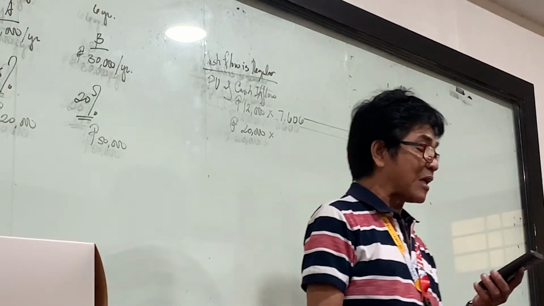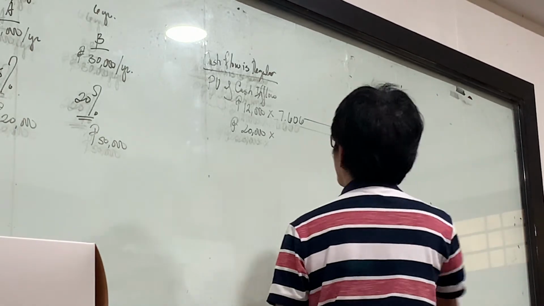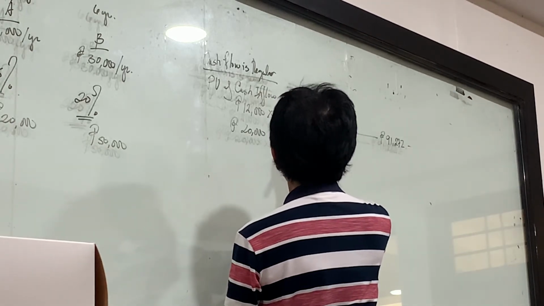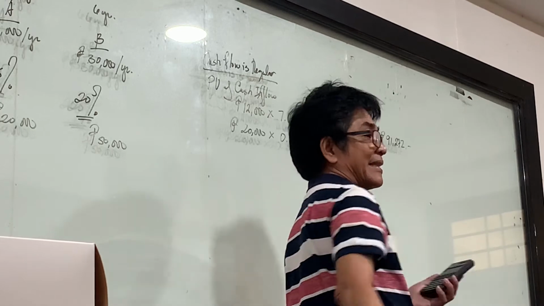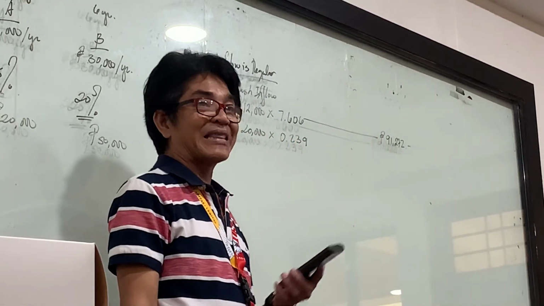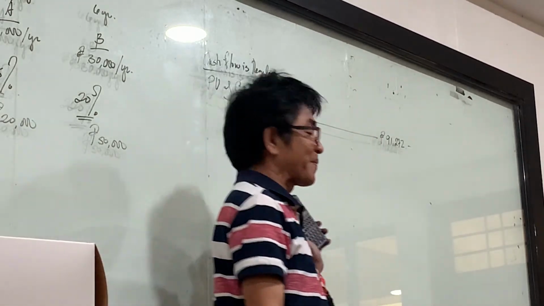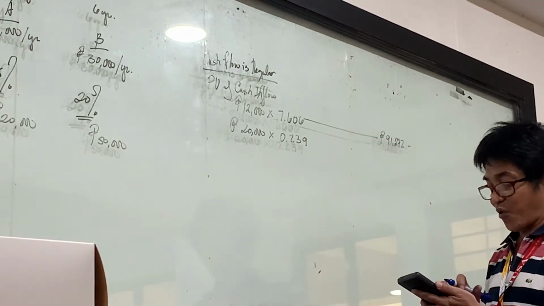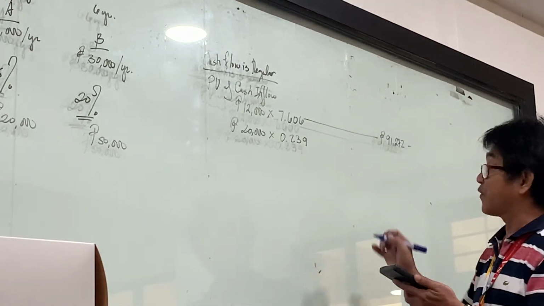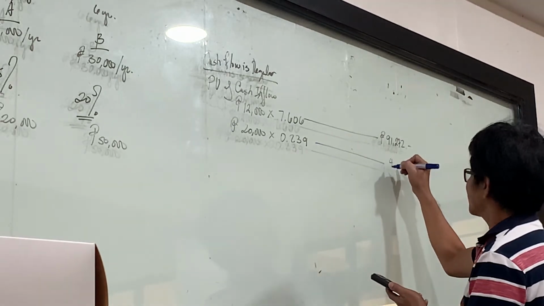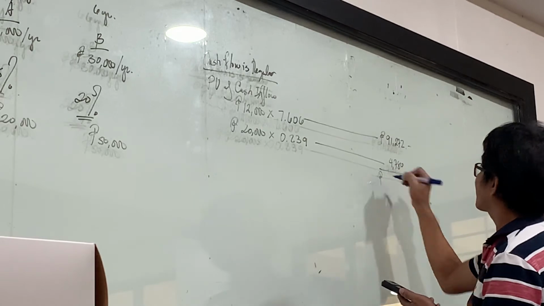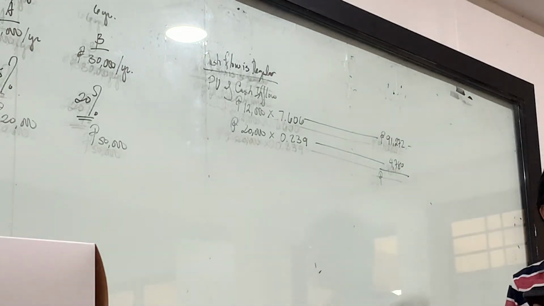That will be 0.239. Okay, tandaan yung procedure. So that will be 20,000 times 0.239. That will give you 4,780.